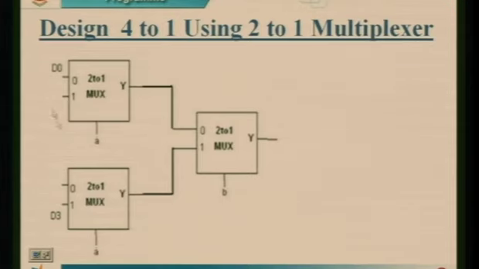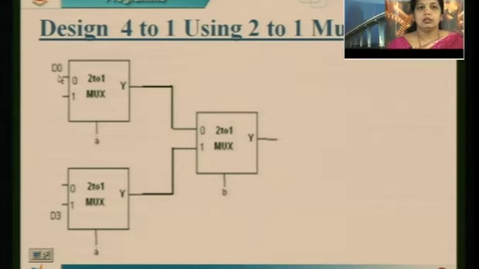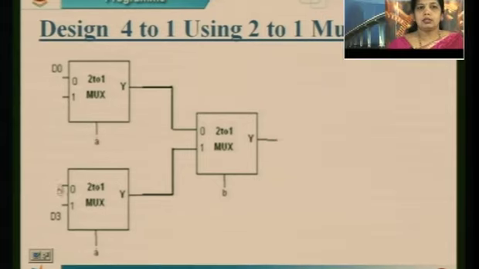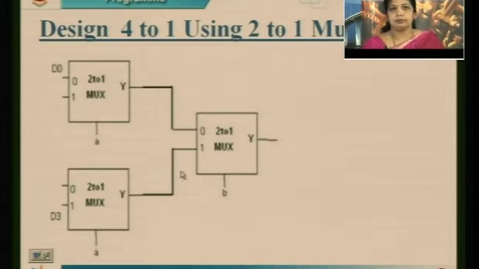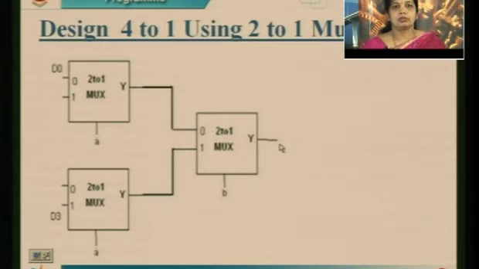So how to generate this? I will be using 2:1 muxes, and 2 plus 2 gives you 4 inputs. But the output side is single. So from this single output here and here, I should get one final output. How to design this circuit?